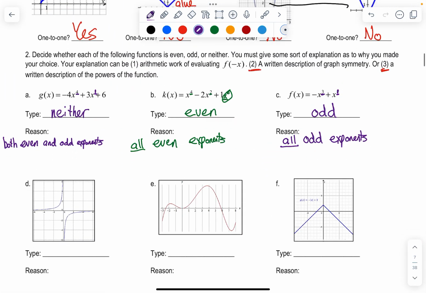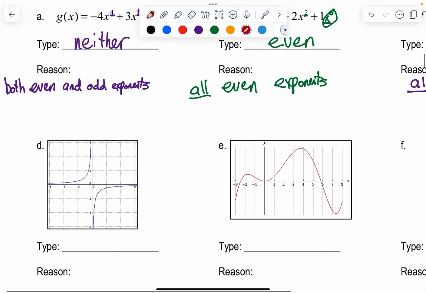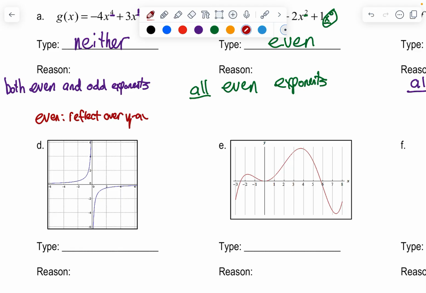So when we go ahead and do the graphs, there are 2 things I'm looking for. Even functions are going to reflect over the y-axis, and odd functions we are going to look for reflect over the origin.